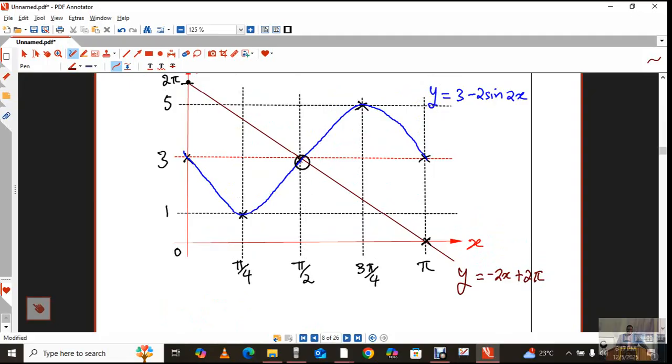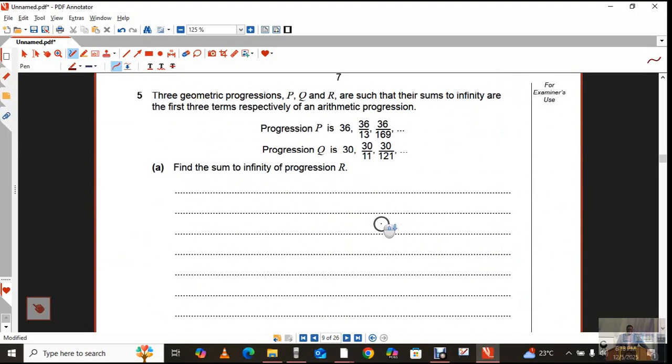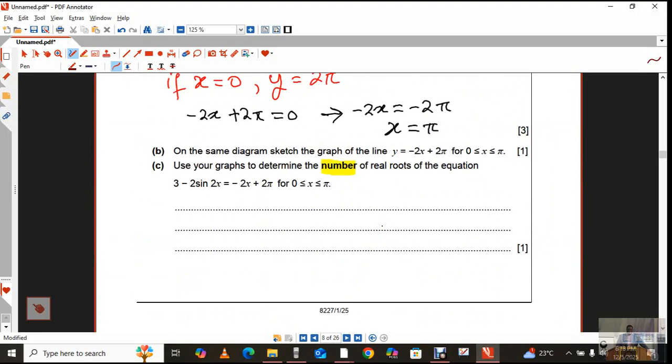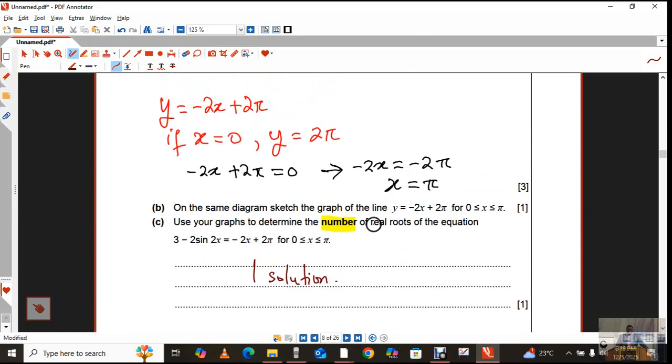We're not asking what that x value is. We are asking how many times these two graphs intersect, and you can see it's just one, so you can just say one real root, one solution. That's all.